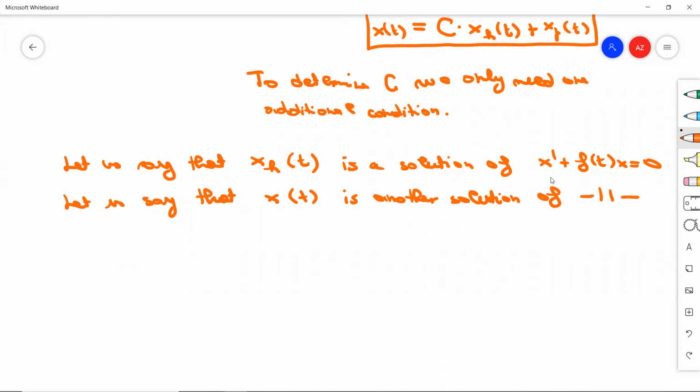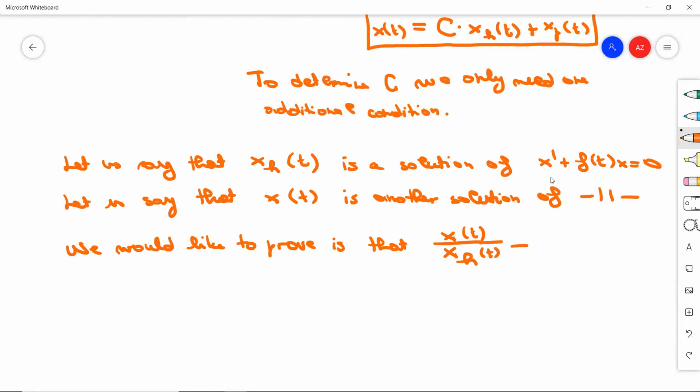And what we would like to prove is that x over x_h, so if we divide the function x by the function x_h, we get a constant for every t. So we would like to prove that we get a constant C, the same constant for every t.